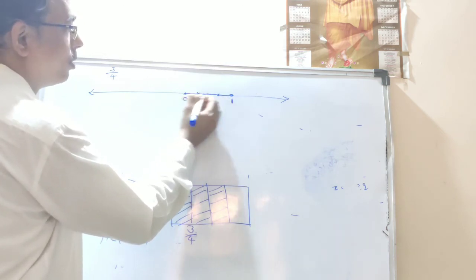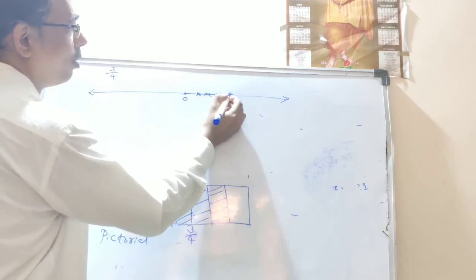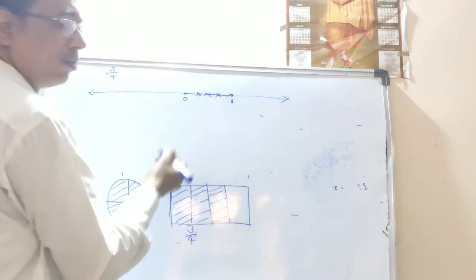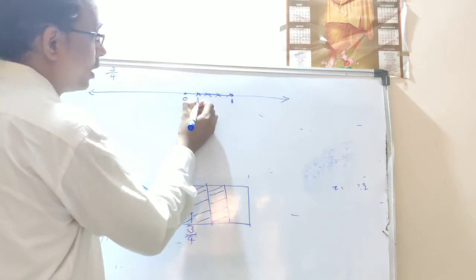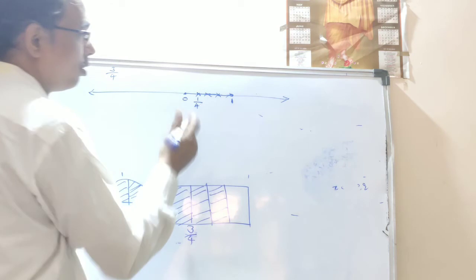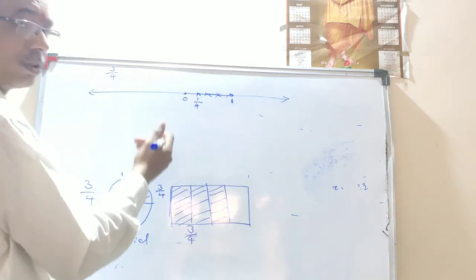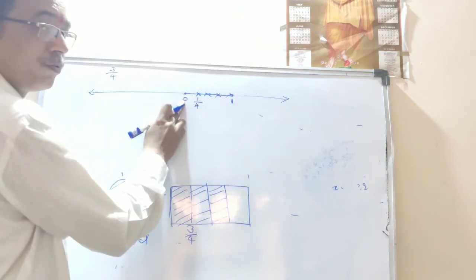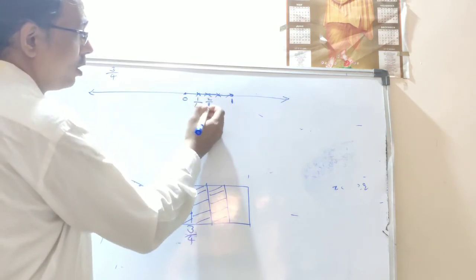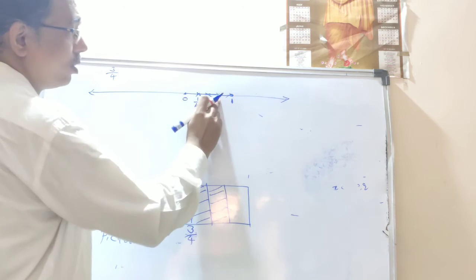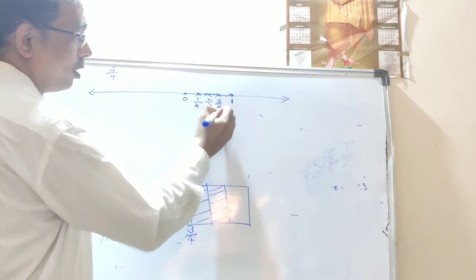So how many equal parts do we have? 4 equal parts. Each part is 1/4. The first one is 1/4 from 0. From 0 to the second dot is 2/4. From 0 to this dot is 3/4.